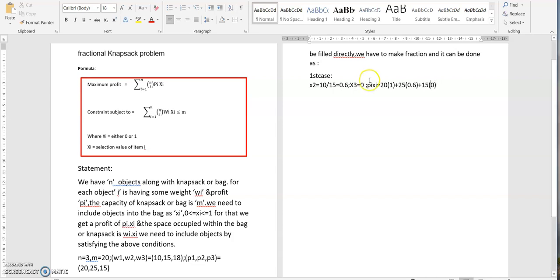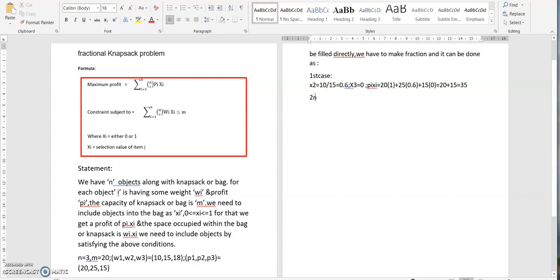The x3 value is 0. Then we will get 20 plus 25 into 0.6 is 15, which is equal to 35.